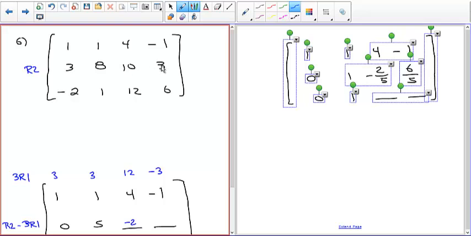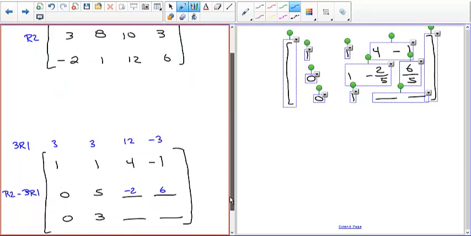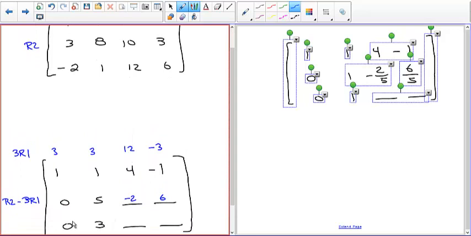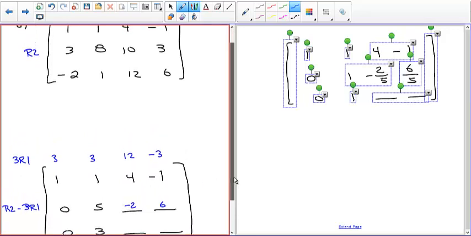And 3 minus a negative 3 is the same as 3 plus 3, so it's positive 6.